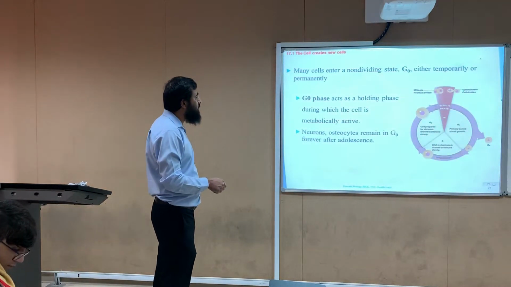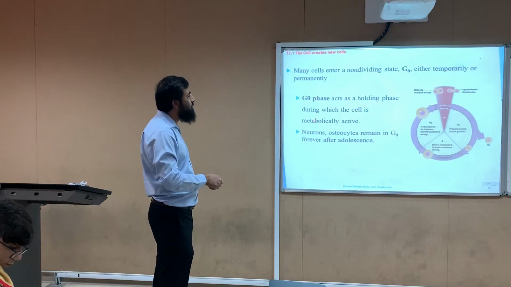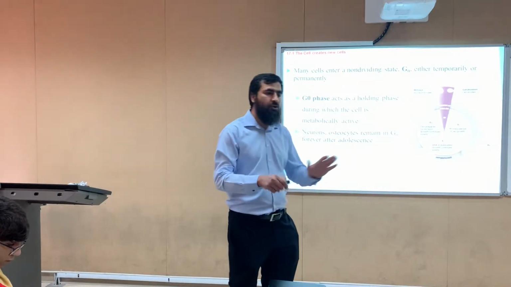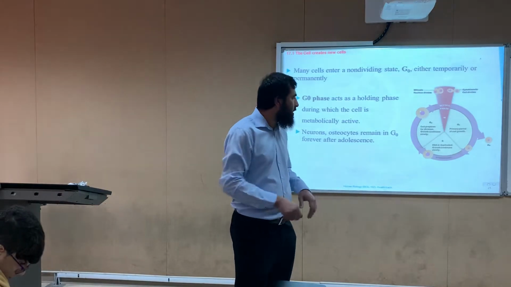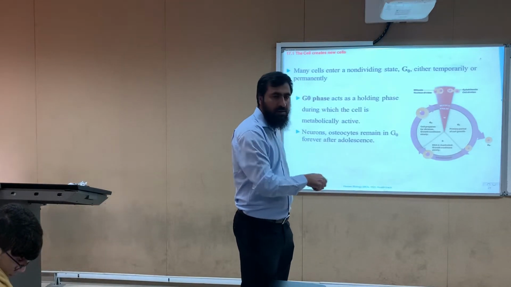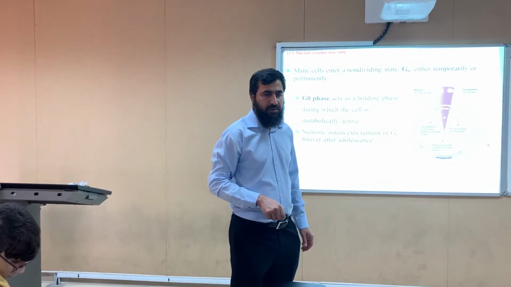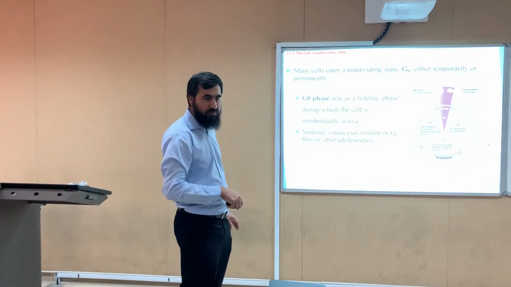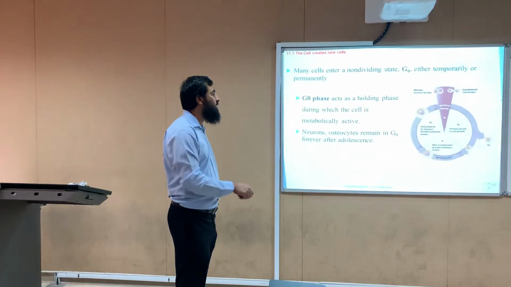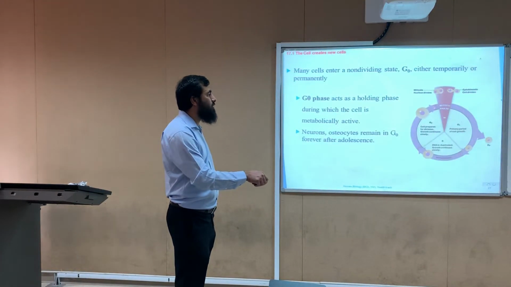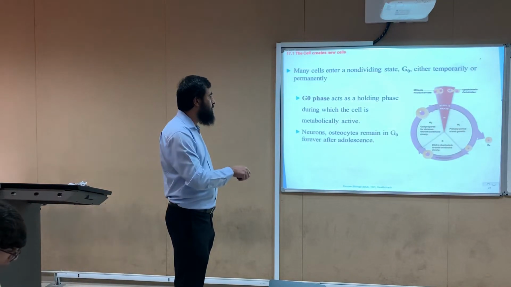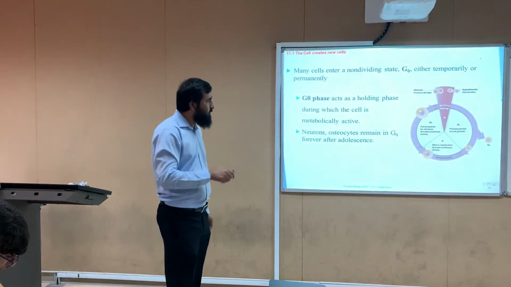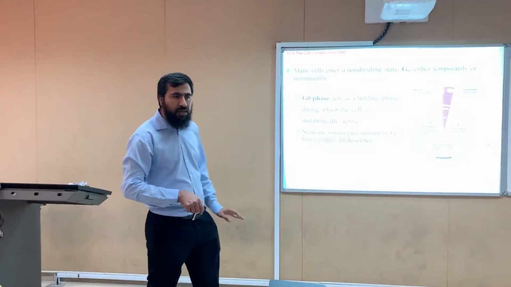These cells in G0 spend their time in normal metabolic activity. They don't waste their time on dividing, okay? Whatever their function is, they spend their time on that normal function. They no longer spend energy or time on the cell cycle, they're more metabolically active, okay?